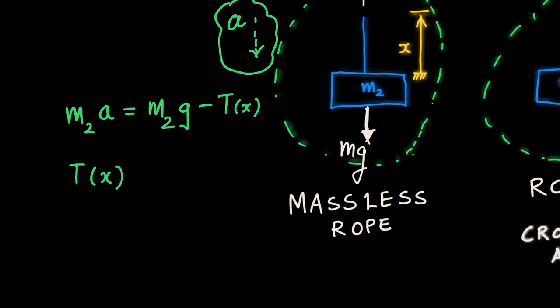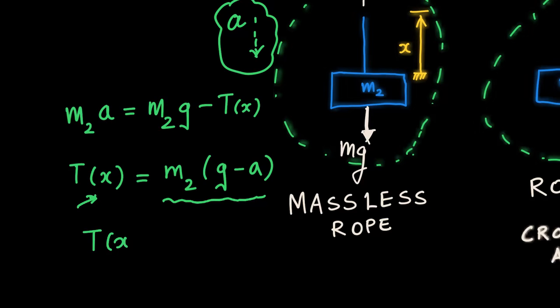From this, I can write T of x as M2 times (g minus a). Make sense? If you look at this expression very carefully, even though I wrote it as a function of x, if we look at the right hand side carefully, we will be able to appreciate that T of x is no longer a function of x, which implies that the tension in the string is uniform for a massless rope.